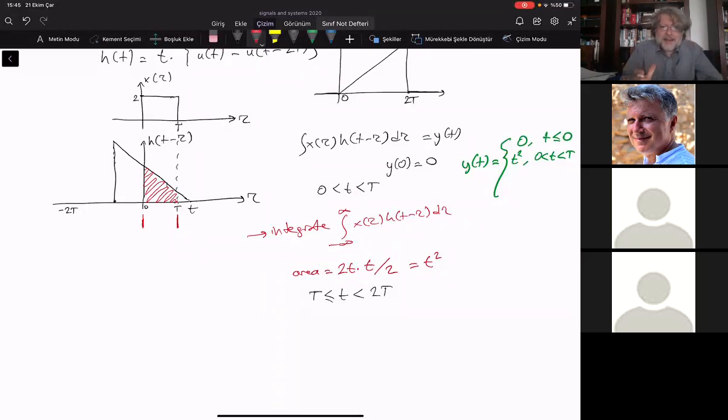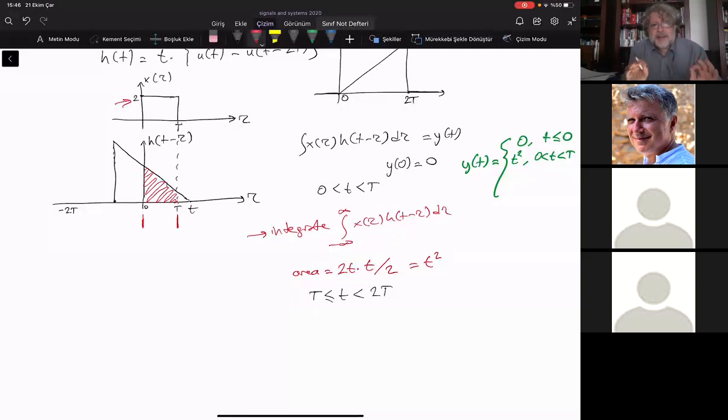Can you find the area under it? Because we have to integrate this multiplication. But we have to integrate twice this multiplication because the value of x of tau is, again, 2. So we don't only cut, but we also, after cutting, multiply everything by 2 because x of tau is 2. If x of tau, by the way, is a different shape, a different line, then you're in trouble. It means you have to multiply this line equation of h of t minus tau and the other line equation of x of tau and come up with a further equation for the multiplication.